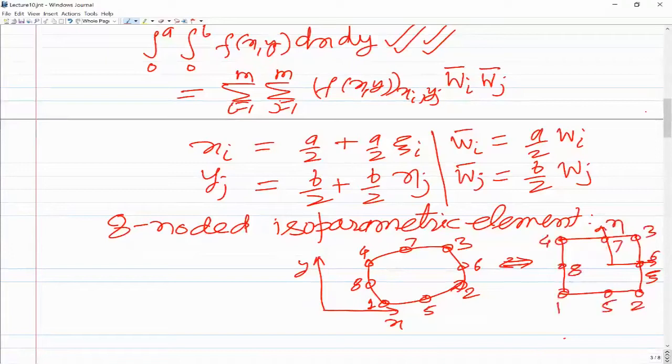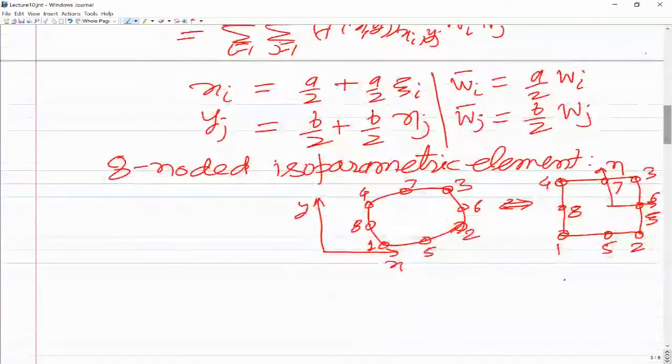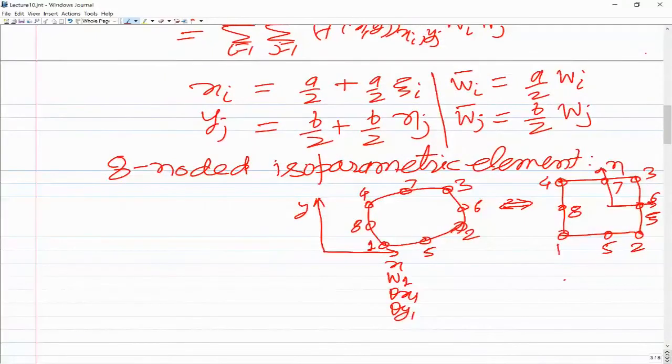So this is what the 8 noded element will be. And we will have the primary variables, that is w, theta x and theta y, as degrees of freedom at these nodes. So all the nodes will have w1, theta x1, theta y1 as degrees of freedom. And node 1 corresponds to node 1 here in the natural coordinate space, similarly 2 3 up to 8.